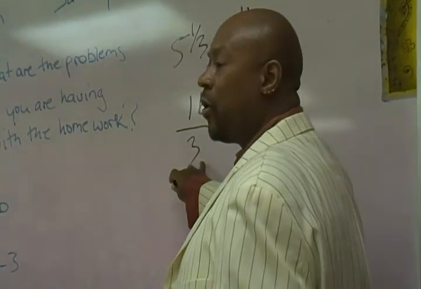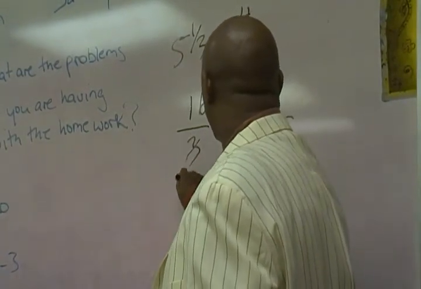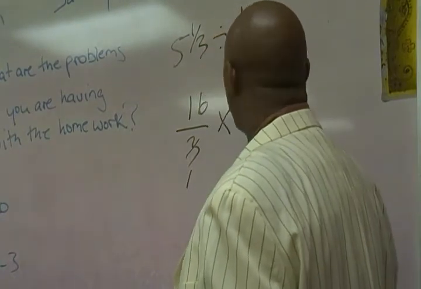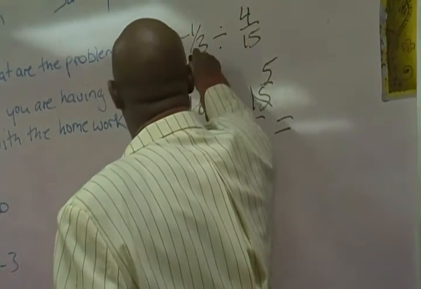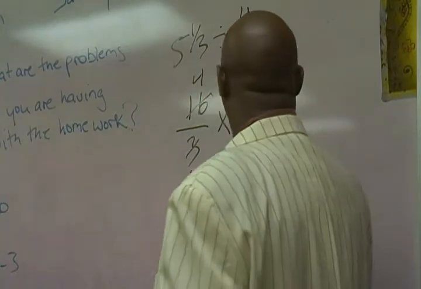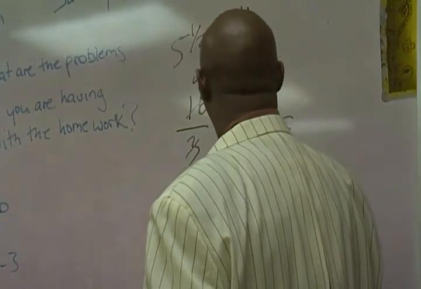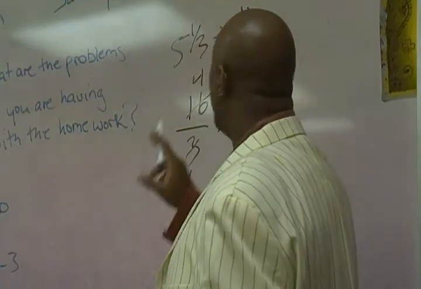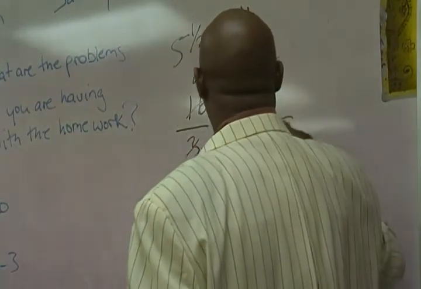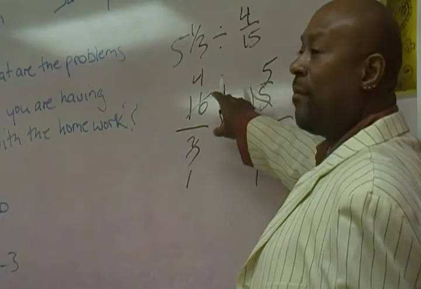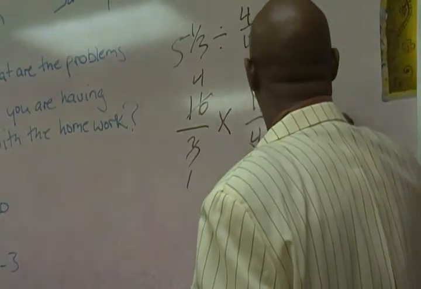How many times does 3 go into 3? 1. Then you cross the 16 out and put the 4, because 4 goes into 16 4 times. Exactly. And how many times does 4 go into 4? 1 time. Now you multiply, so you've got something nice and easy, 20.